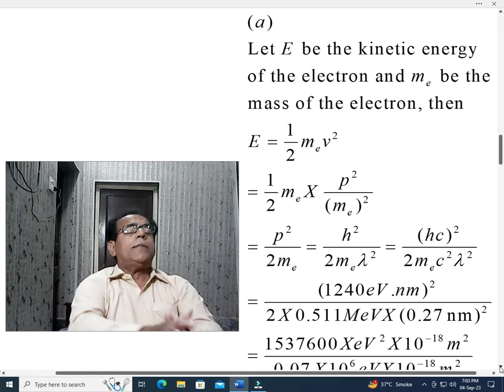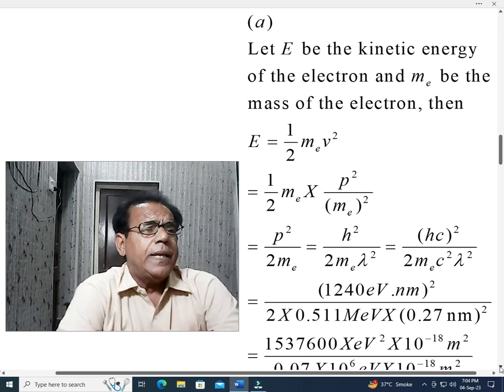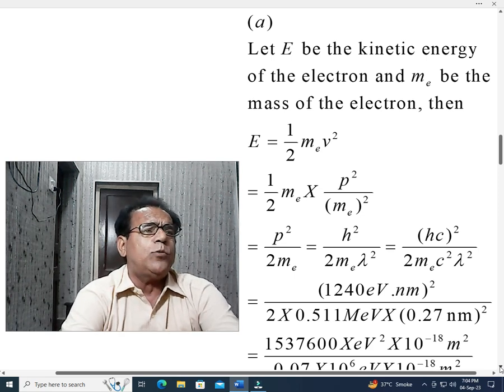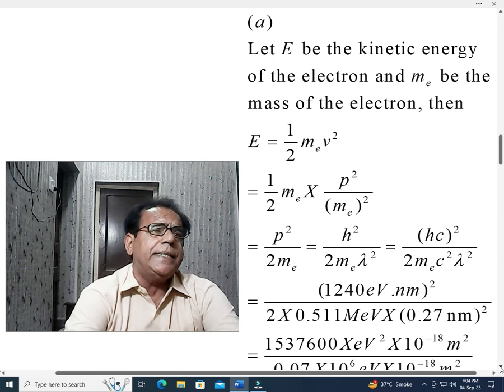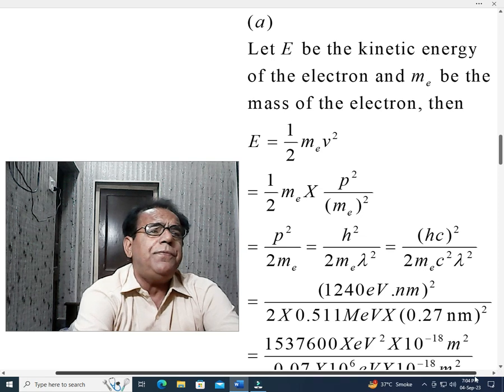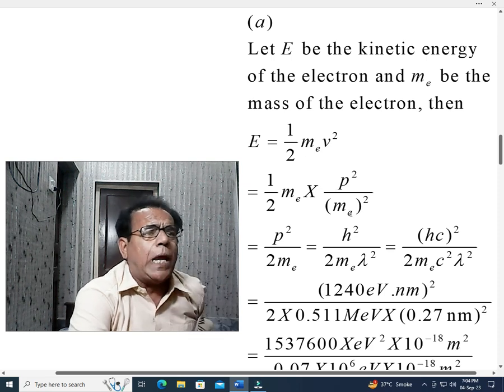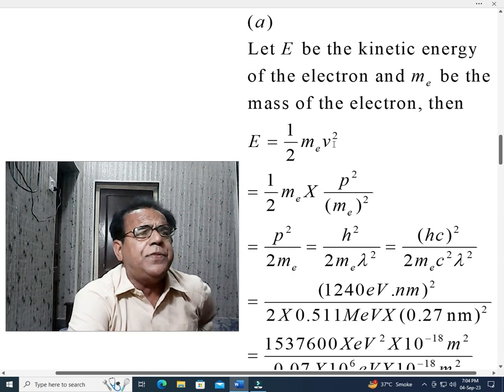Then, because kinetic energy is equal to half m v square, here in place of K we are using E, so E is equal to half m_e v square. Here in place of v we can use p over m_e, because momentum is equal to mass into velocity, p is equal to m_e into v. So we can write v in this form.